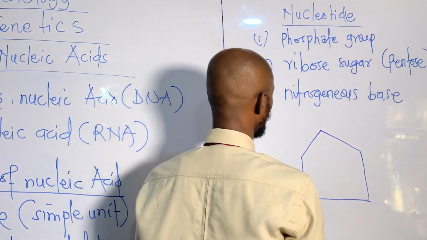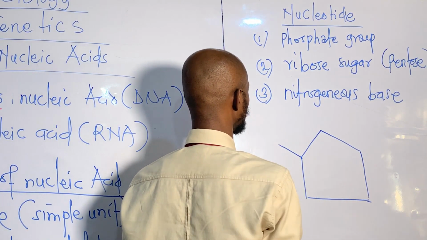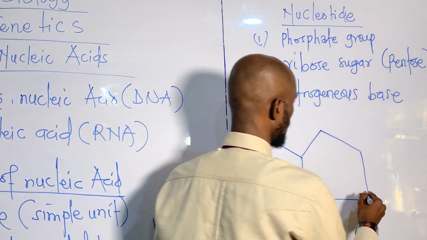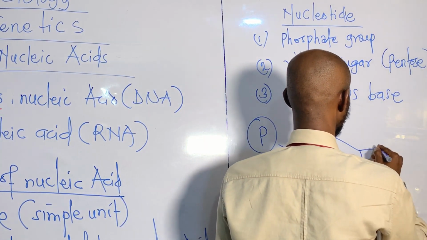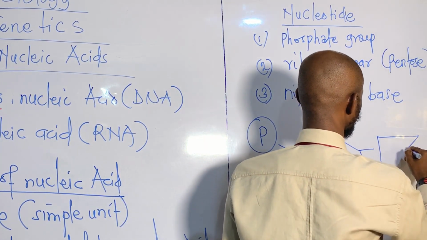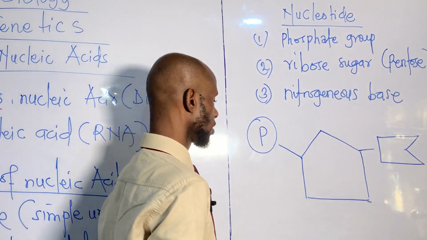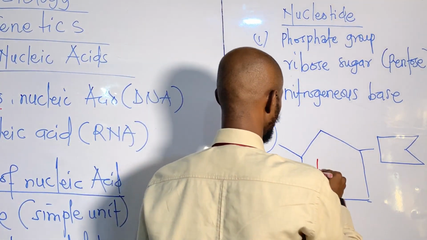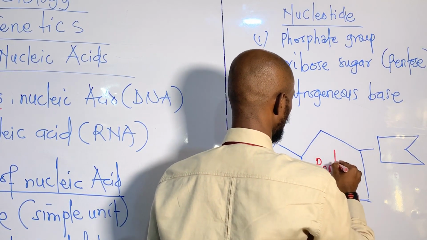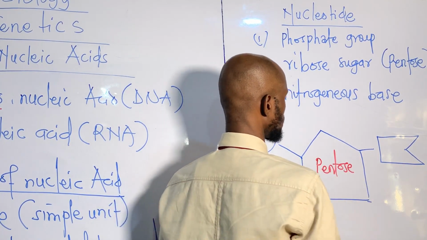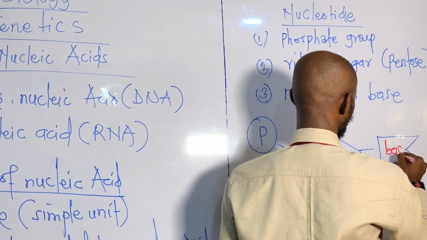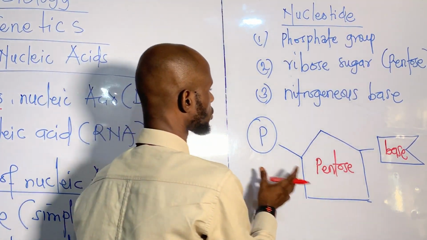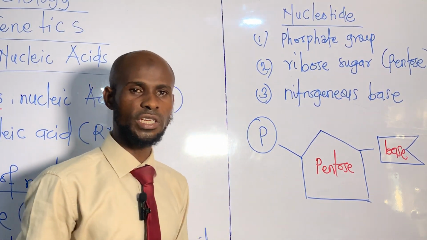Next we draw the phosphate group, and the last is the nitrogenous base. So this is the phosphate group, this is the pentose sugar, and this is the base. This is the structure of a nucleotide.